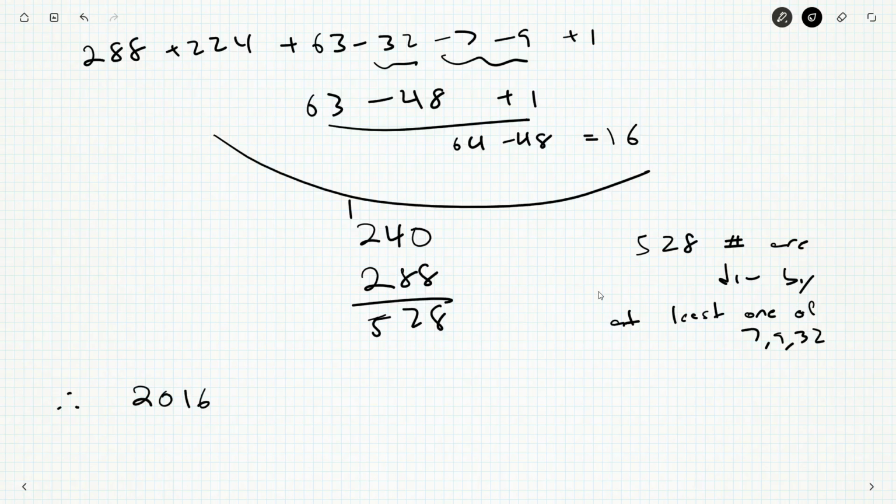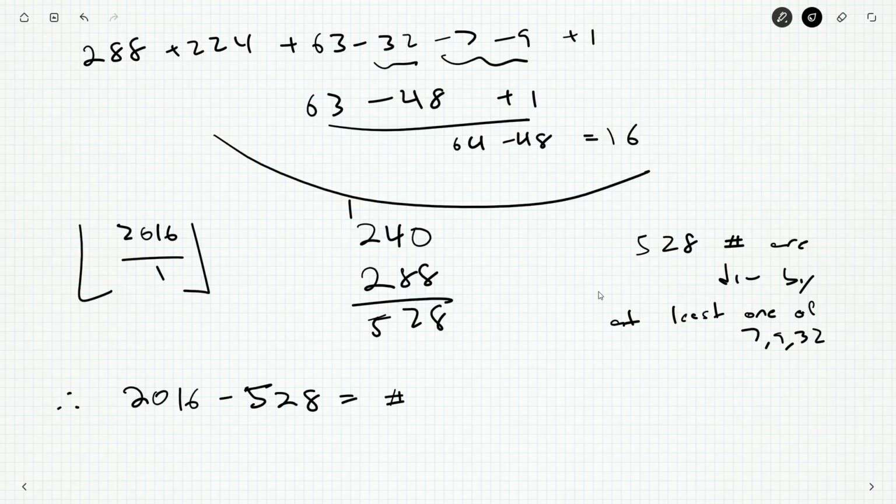Therefore, 2016 minus, and incidentally, that 2016 would be 2016 over 1. So, I mean, there's a connection there that we probably could have made with our earlier formula. Anyway, we just need 2016 minus 528 is the number not divisible by 7, 9, or even 32. 2016 minus 528. 16 minus 8 is 8.